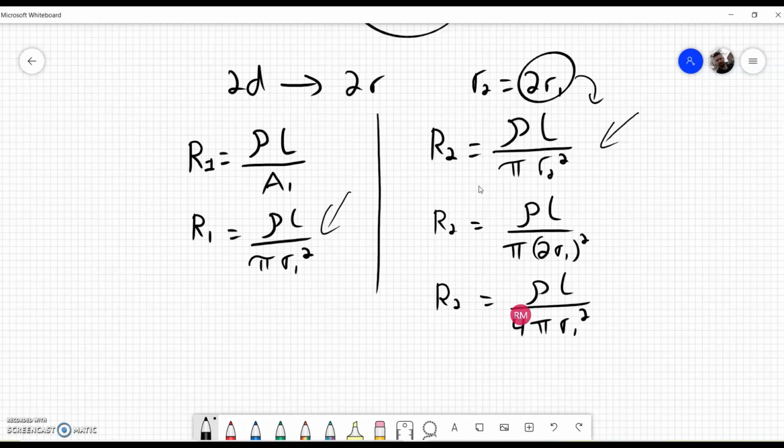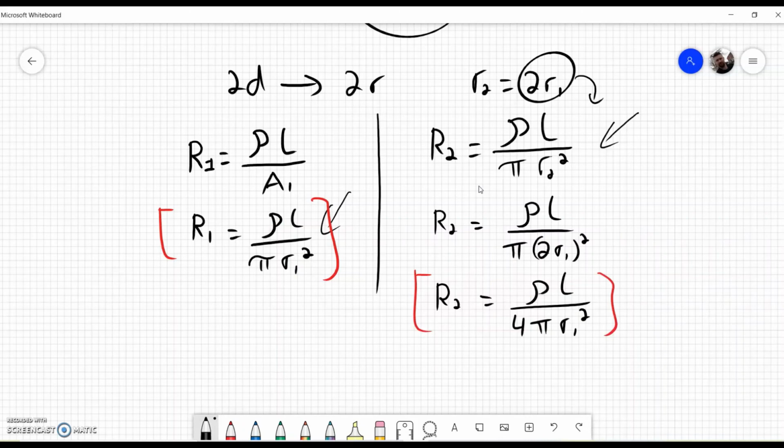What I'm going to do is I'm just going to have a look at this, and I'm going to see what's the same. This here is the same as this. This here is the same as this. This here is the same as this. And this here is the same as this. The only thing that's different on the right hand side now is this 4, which is now my denominator. So I just get rid of all these lines.